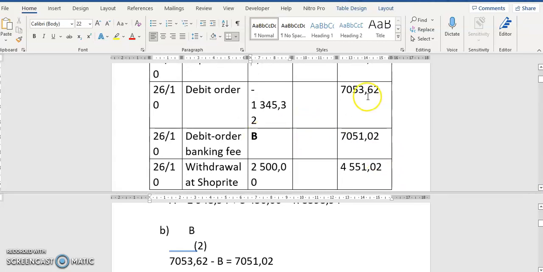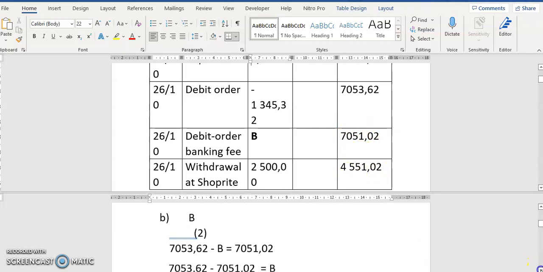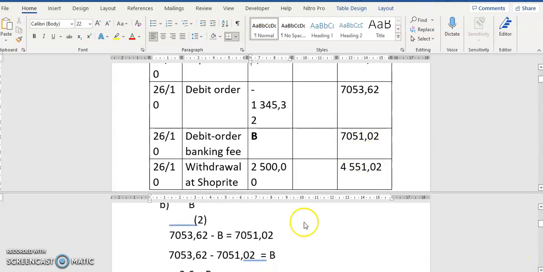So this balance minus B, because B is under debit, so there is a negative in front of the value. Remember the definition. So you have minus B equals the balance. We need to find B because the question says we should find B.